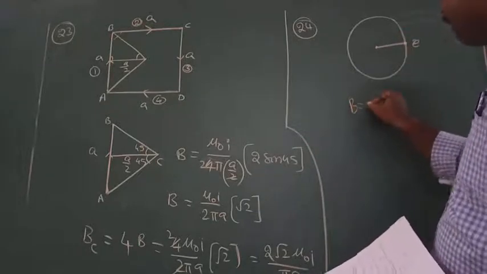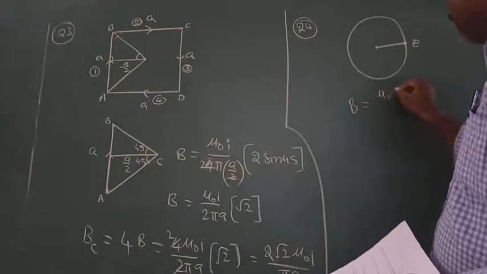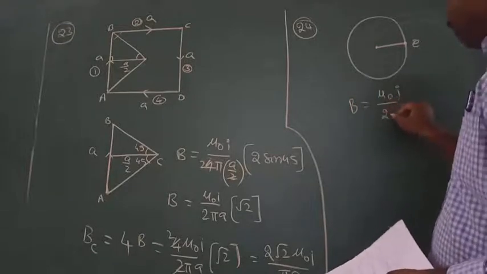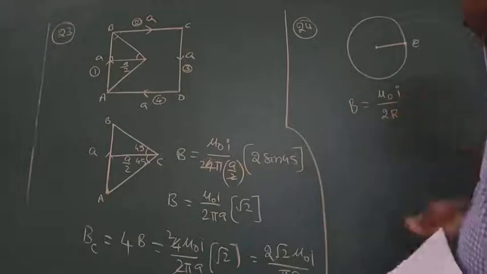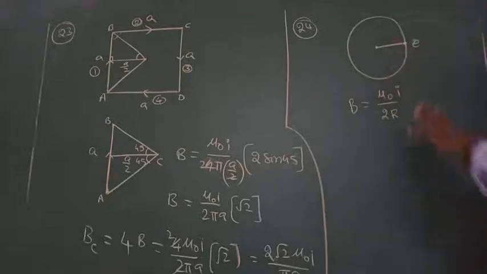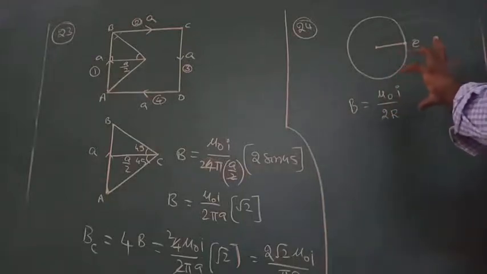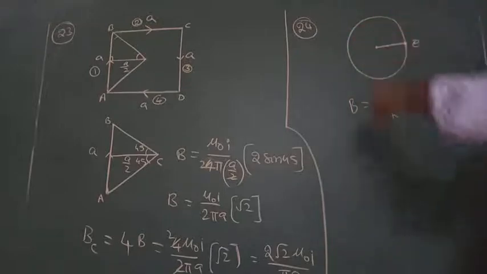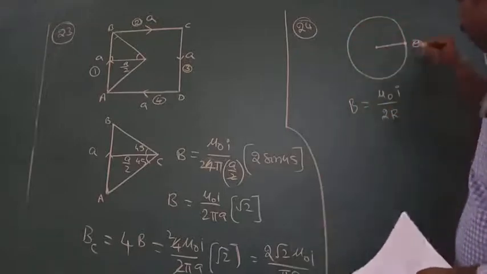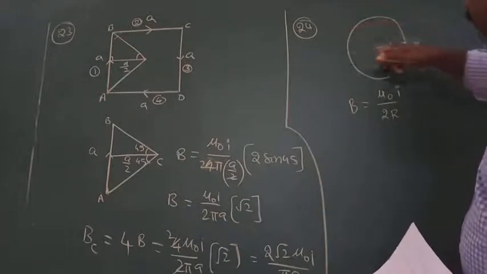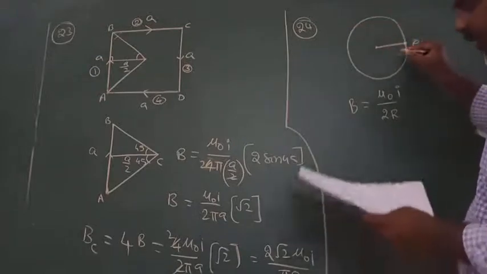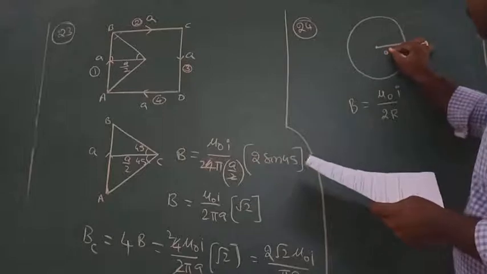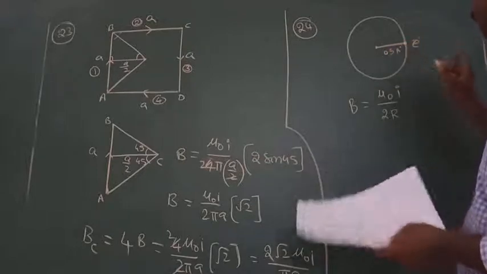Magnetic induction is B equals mu naught I by 2R. Why? Because this formula is the magnetic field induction at the center of a current carrying circular loop.